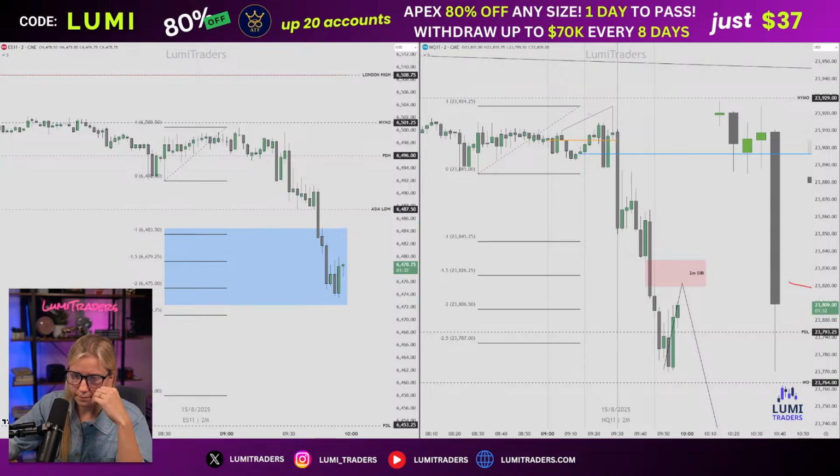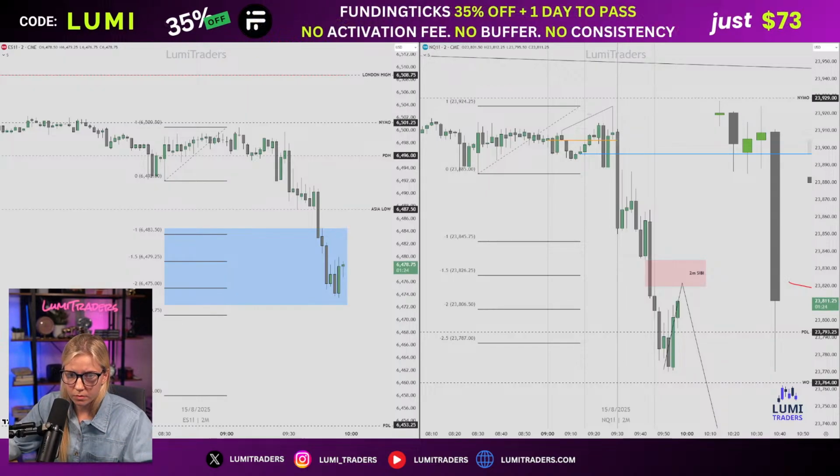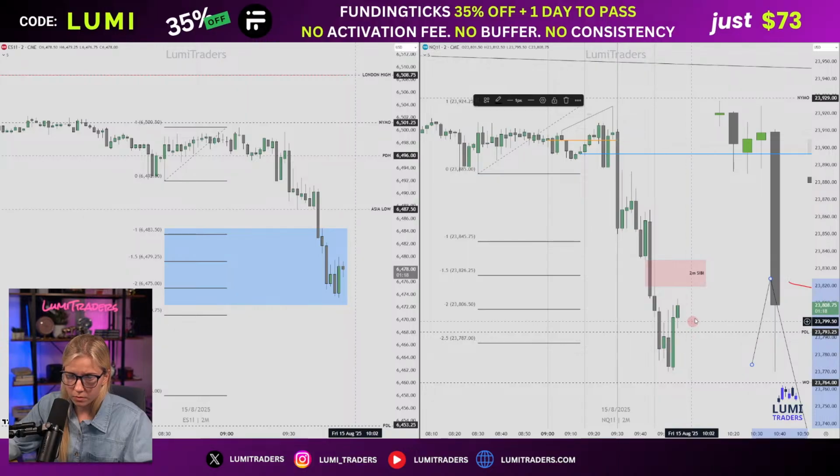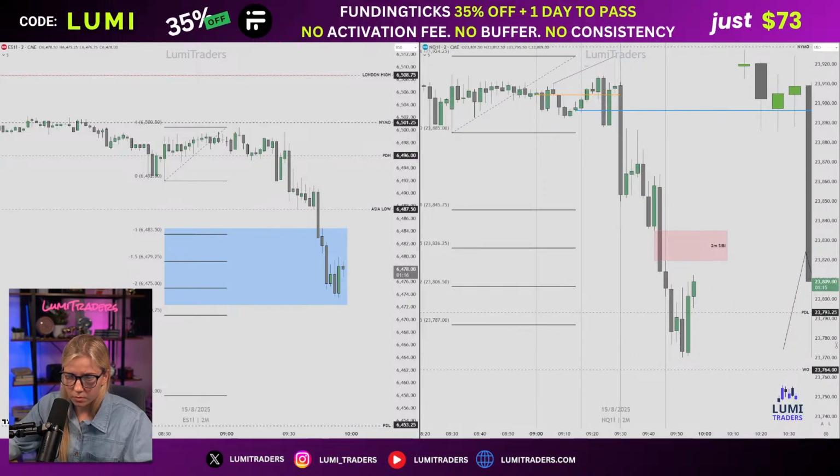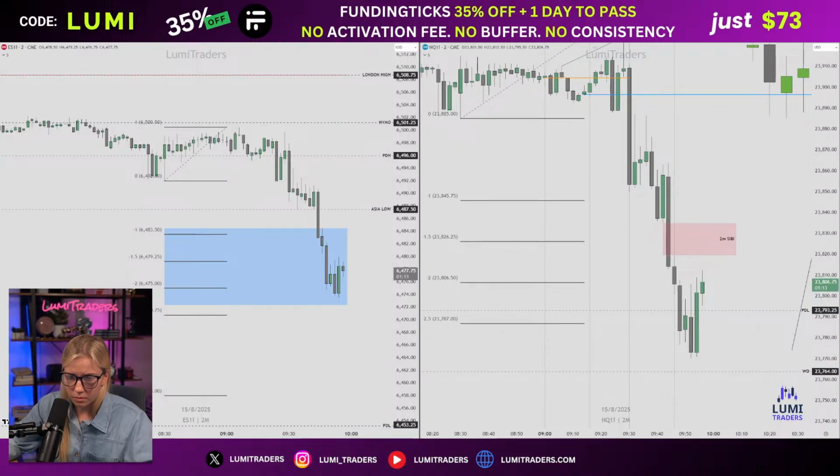Like this. $22 points retracement so far.